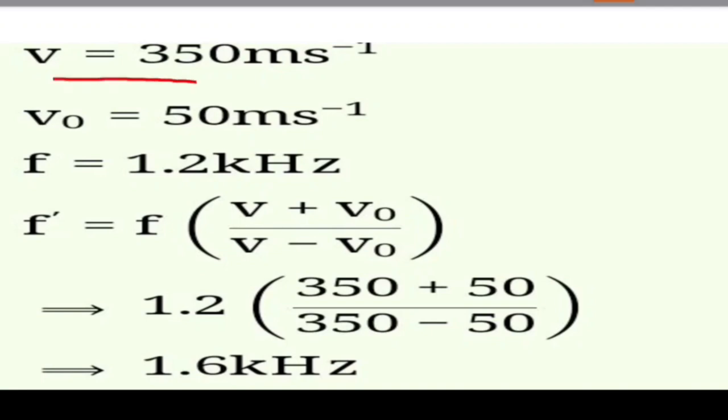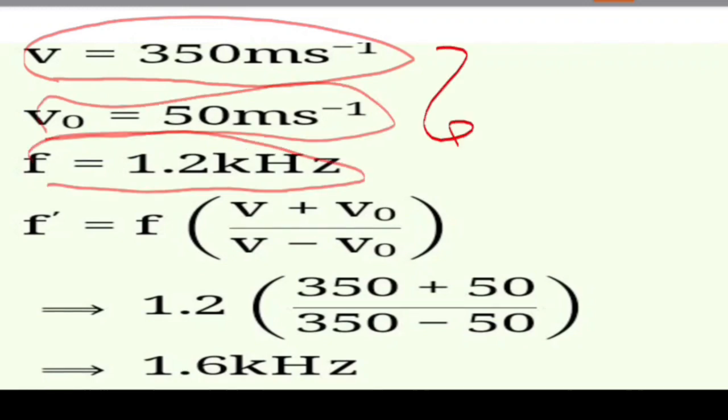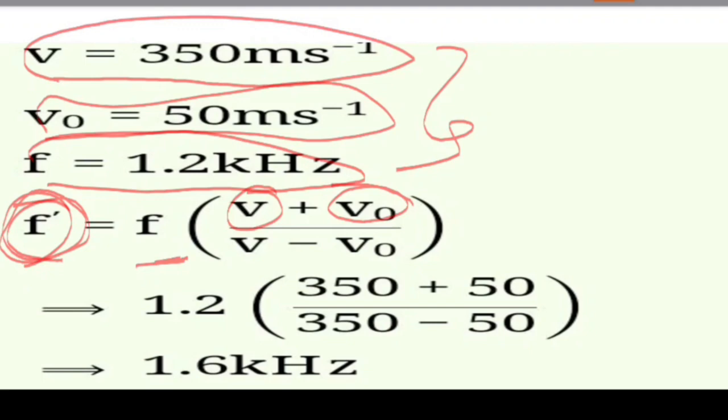Here the velocity of sound 350 meter per second is given, and the velocity of the engine driver is 50 meter per second. Frequency given is 1.2 kilohertz. These three are the given data. Now we should find the frequency when it is reflected back. The reflected frequency of the note is given by the formula: frequency into (velocity of sound in air plus velocity of the moving particle) by (velocity of sound in air minus velocity of the moving particle).